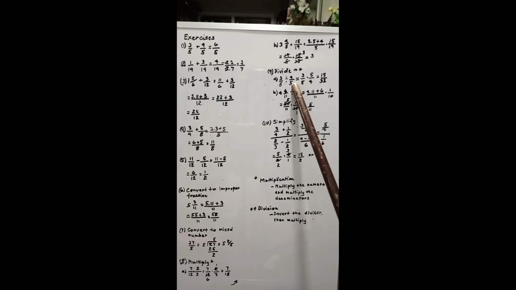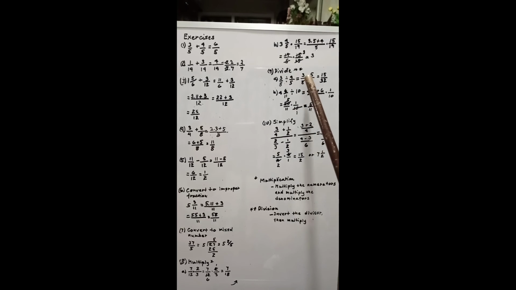So as the rule says, we have to invert this divisor. So 3 over 8 times, and then we invert the divisor, that becomes 5 over 4. And the division sign becomes the multiplication sign. So we can now proceed to multiplication. So 3 times 5 equals 15. 8 times 4 equals 32. And we cannot reduce this answer.